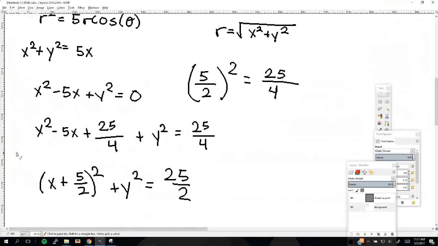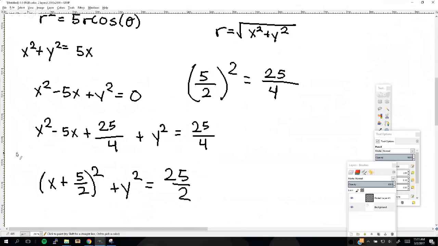You see kind of what I did there? And see how it says x minus 5/2 squared, the step right above the bottom. You divide that 5 by 2, and then you square the 5 over 2. So that's why it's 25 divided by 4.